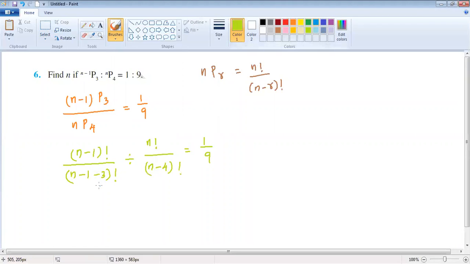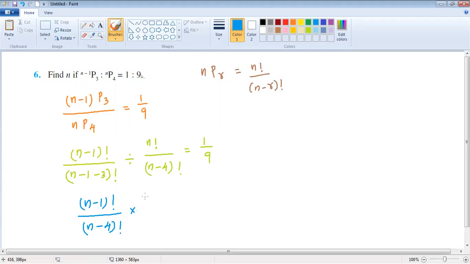So which is n minus 1 factorial divided by n minus 1 minus, that is n minus 4 factorial. Instead of division, we can do multiplication, multiply with the reciprocal.